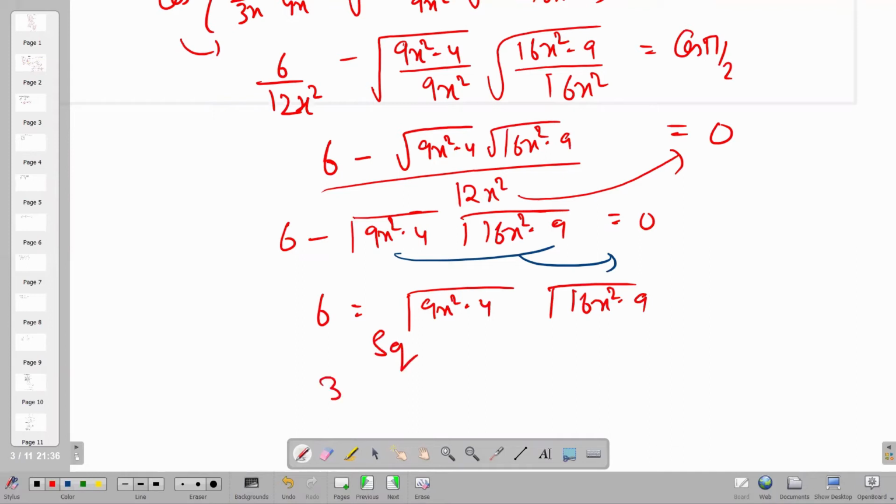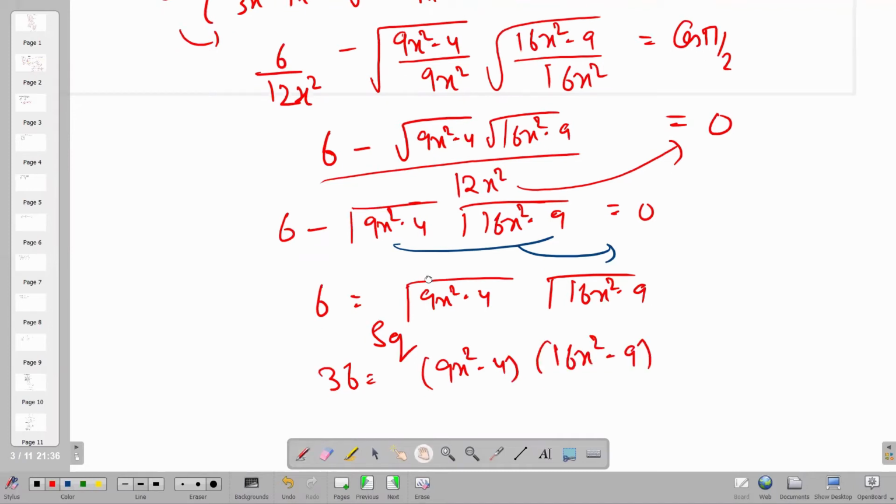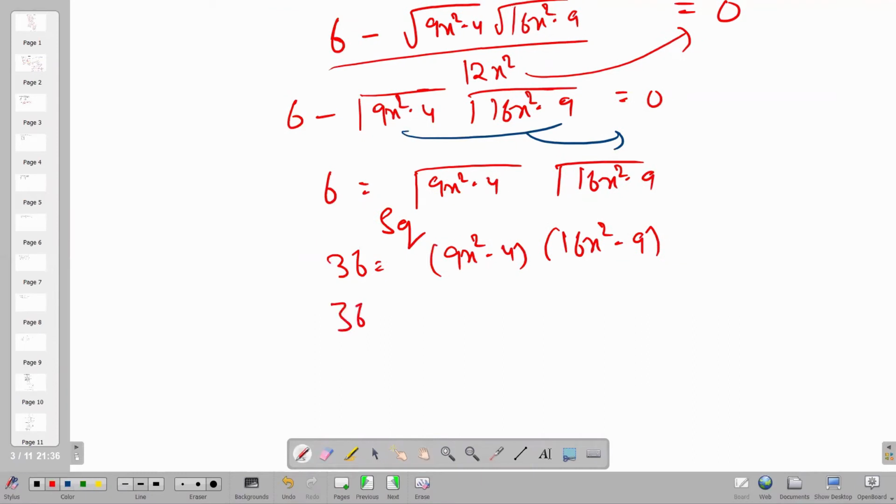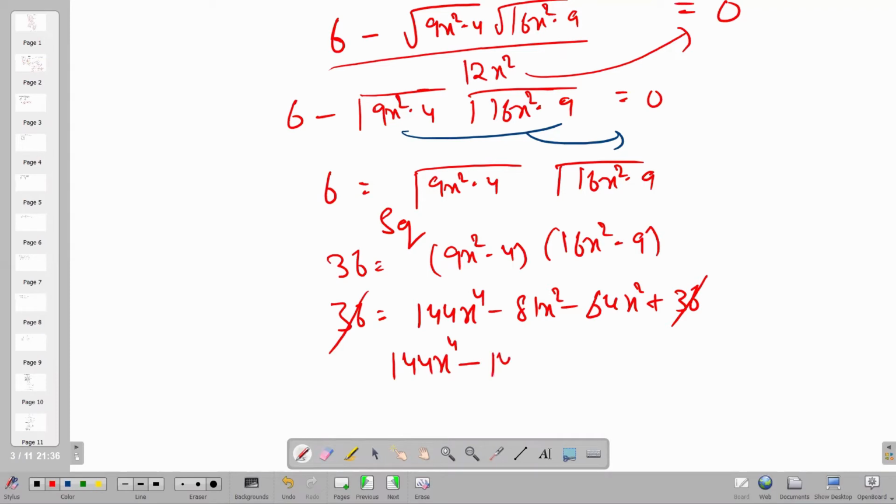this comes out to be 36 equals 9x square minus 4 into 16x square minus 9. Further solving, this is 36 is equal to 144x to the power 4 minus 81x square minus 64x square plus 36. These two get cancelled out with each other, and we are left with 144x to the power 4 minus 145x square.